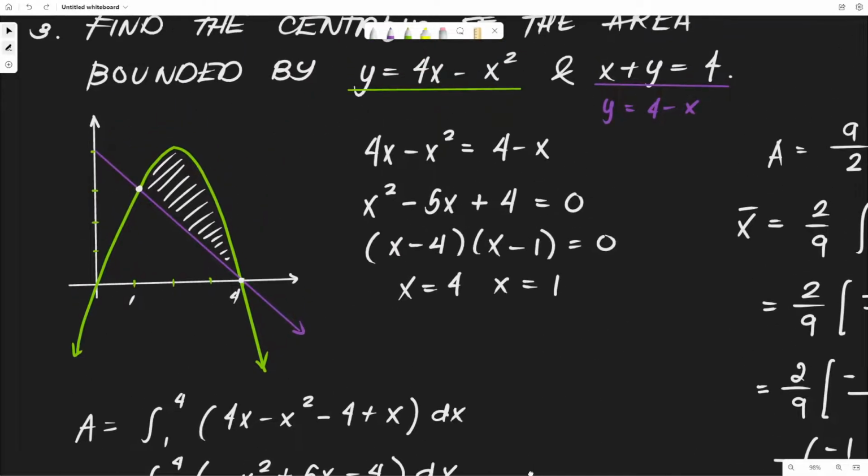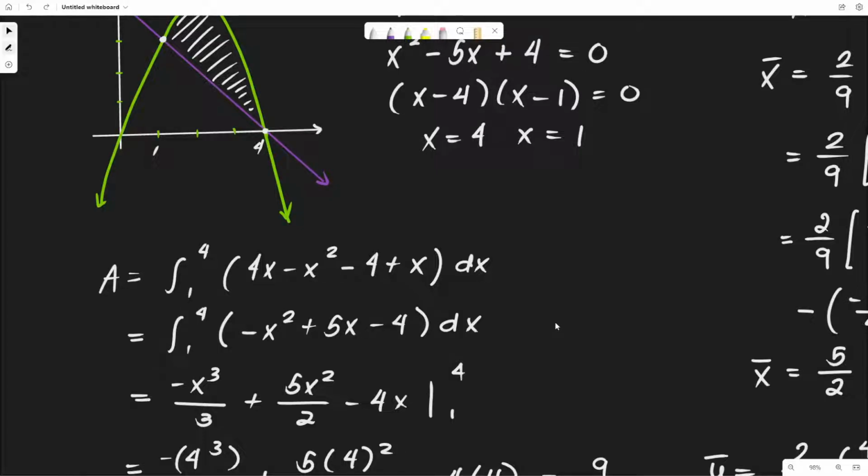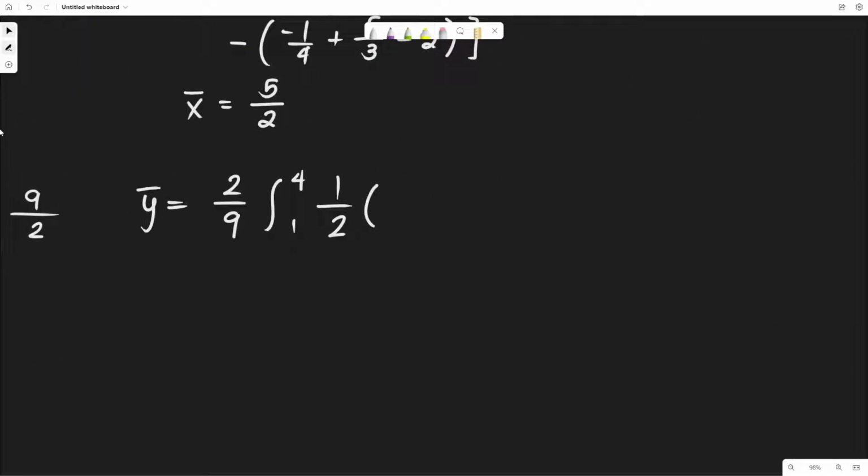Ayan, so, sorry. Ayan, so we have, ano yung pinag-minus natin? Ito. Tsaka to, di ba? So, we have 4x minus x squared, quantity squared, minus yung isa.